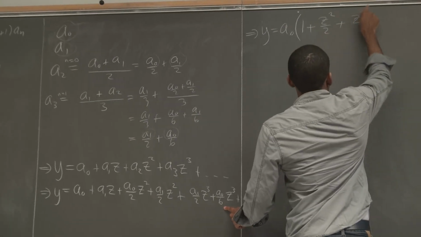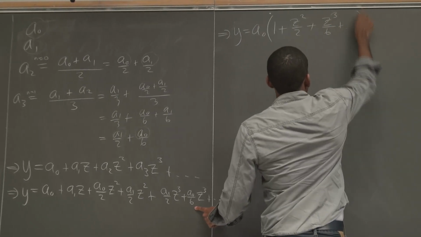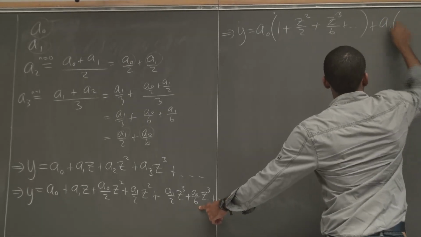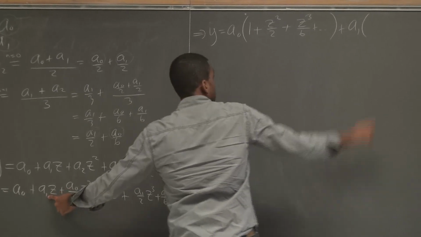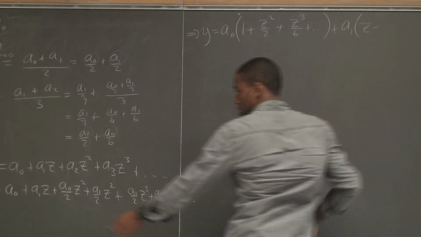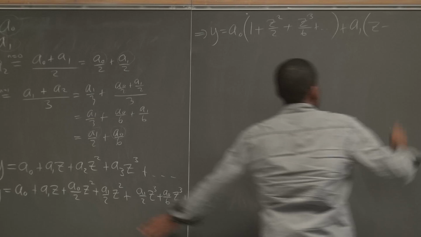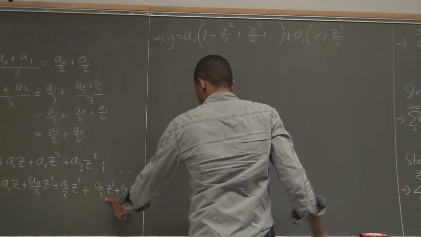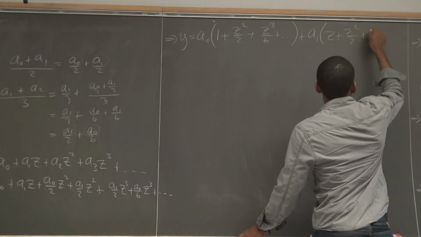I have z cubed over 6, etc. Right? That's the first 3 terms of that guy. Plus A1. I have z, squared over 2, z cubed over 2.